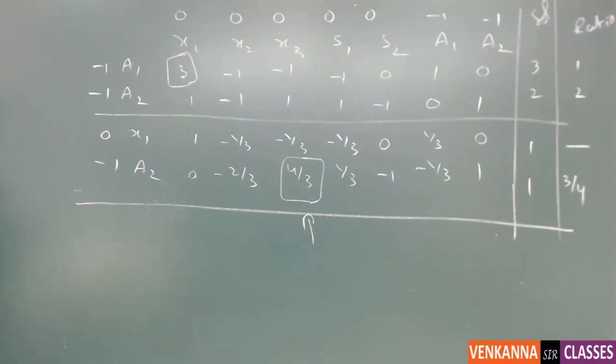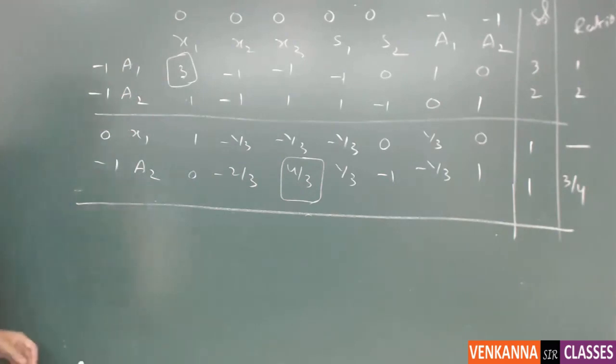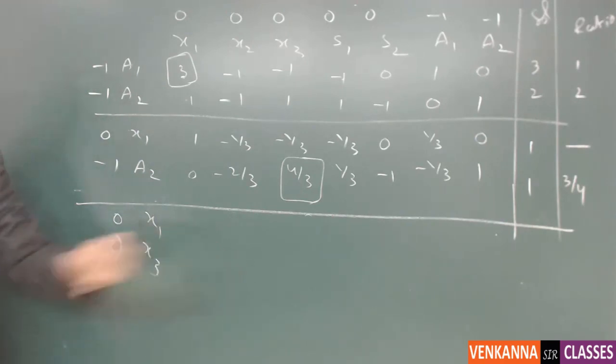If everyone is clear with this, then I go to the third iteration procedure, third table. Shall I? I will simply fill the values there. So A2 is replaced by X3. So X1 gets 0, X3 gets 0, and you are going to write the corresponding tabular values there.